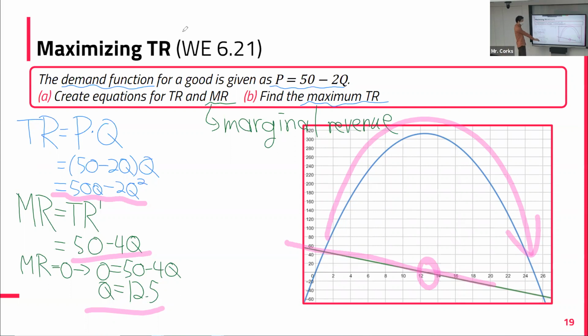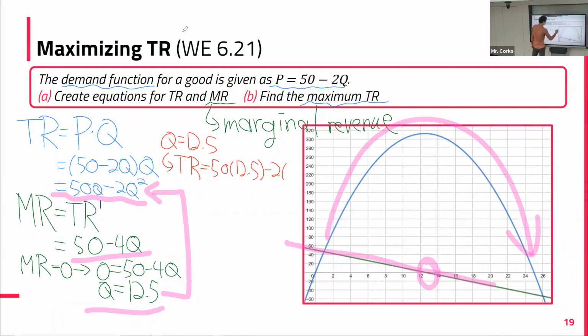How did we go from this, though, to get the actual maximum total revenue? All right, so this goes back into our total revenue equation. When Q is equal to 12.5, total revenue was 50 times 12.5 minus 2 times 12.5 squared, and that turned out to be 312.5.